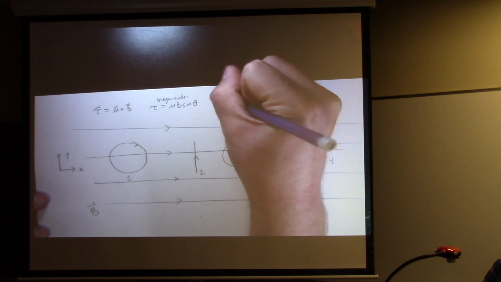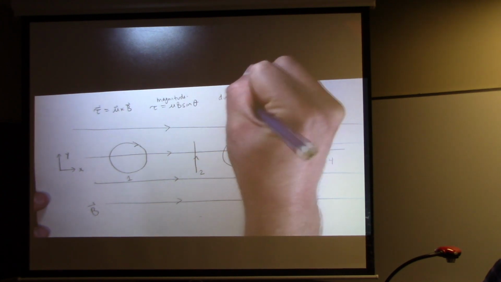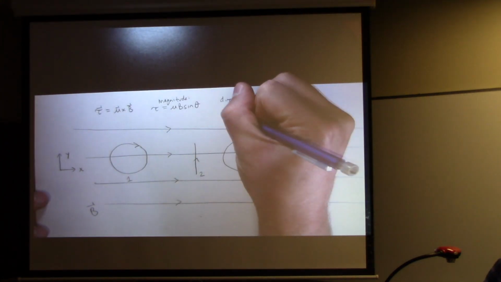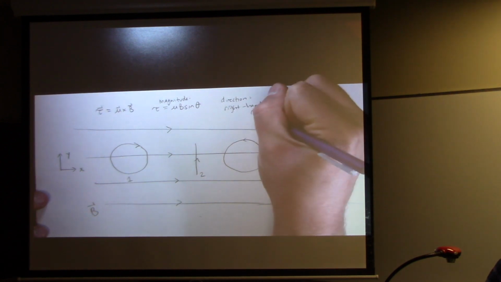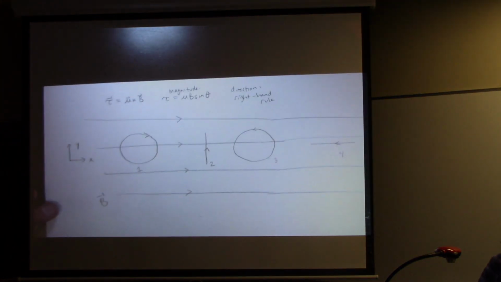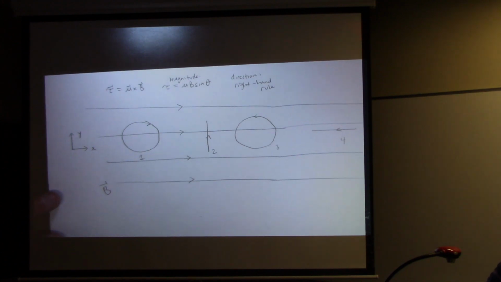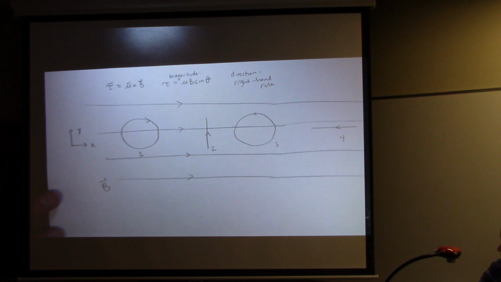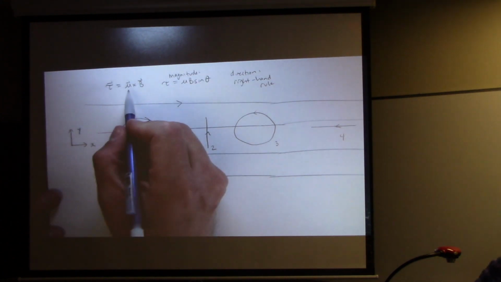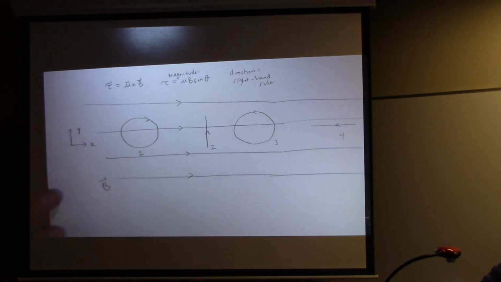And the direction, that's what we determine using the right-hand rule. Okay. So basically, I know what B looks like. For each one of these loops, I have to get a handle on what mu looks like so I can do this sort of calculation.